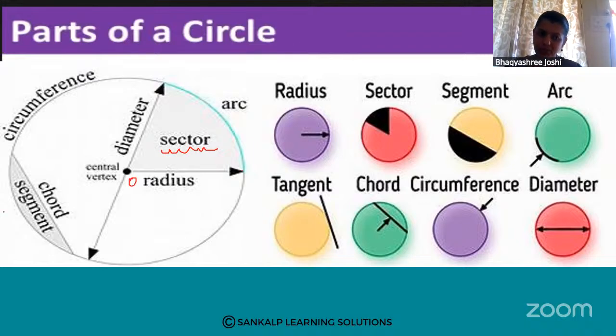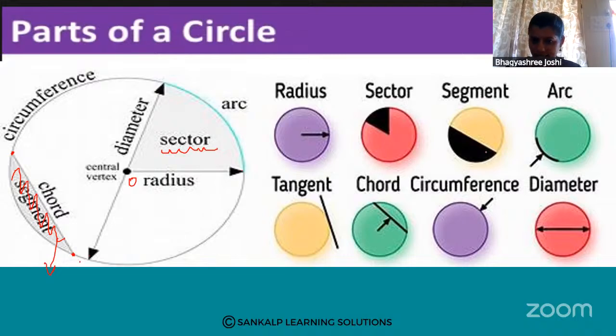And the line segment joining 2 points on the circle is called a chord. This part is an arc. And the area enclosed between the chord and the arc, that part we call a segment.